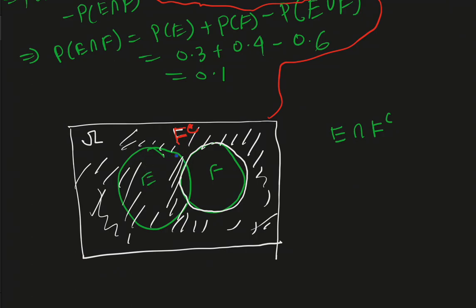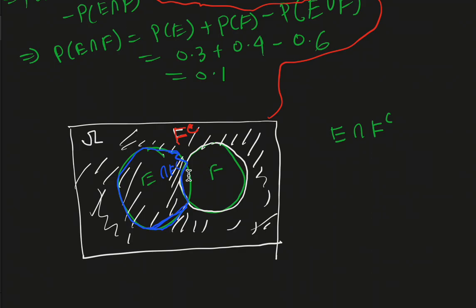You will see the common area is only this part. This part is actually E intersection F complement.